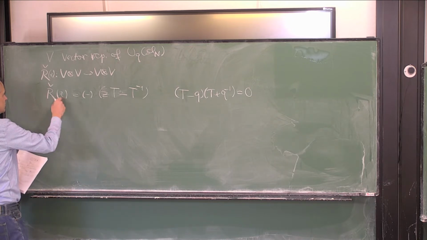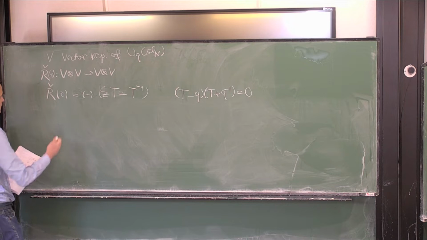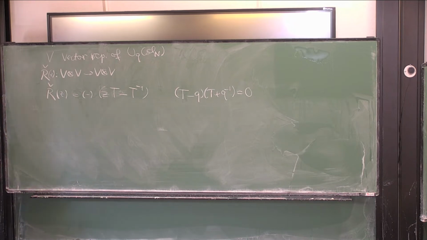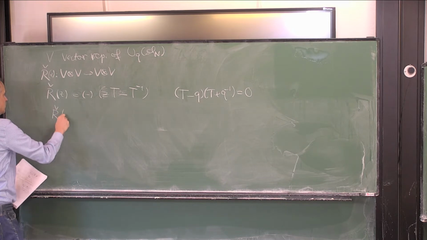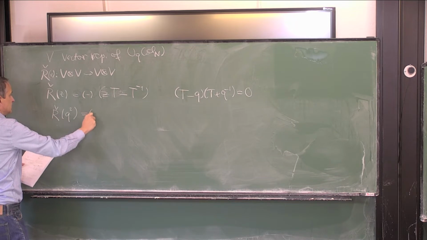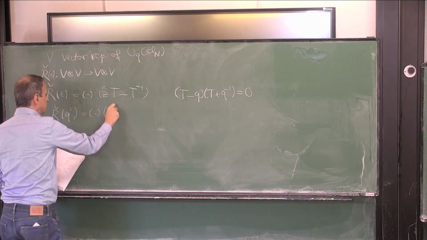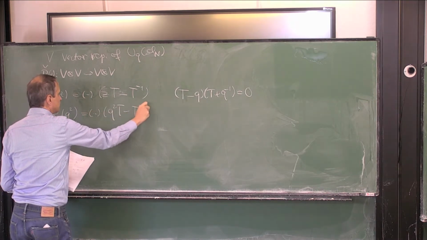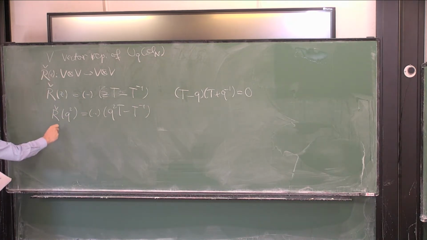Now usually this R matrix is invertible, but for special values of Z it is not. Namely, if you take R hat of Q squared, this is something as Q squared T minus 1. And here actually one should, no, I think this is correct.